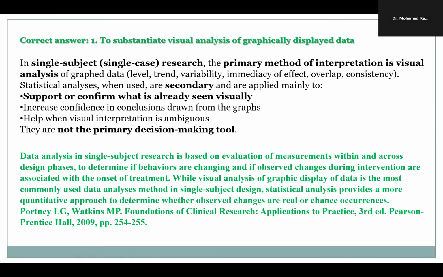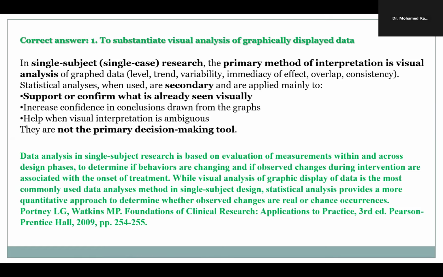So when we make comments, we are confident that these conclusions are true. It helps when visual interpretation is ambiguous, not clear, and it is not the primary decision making tool for sure.